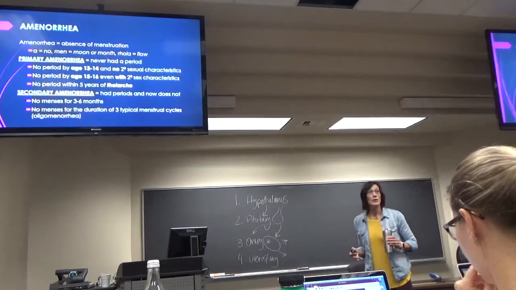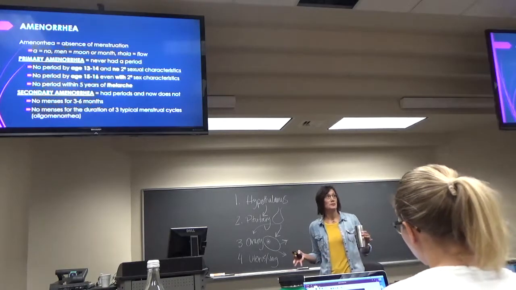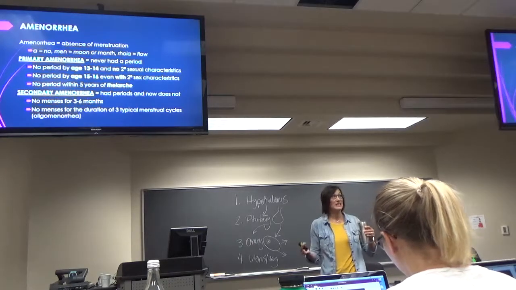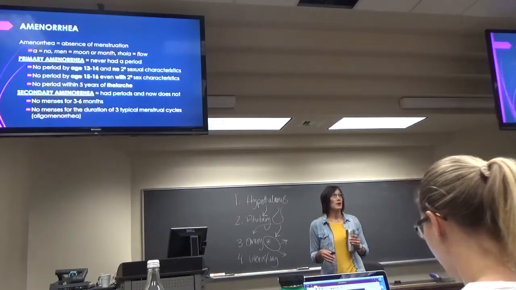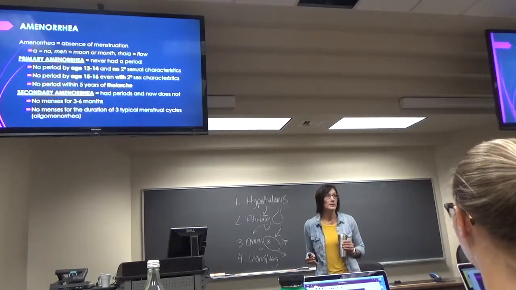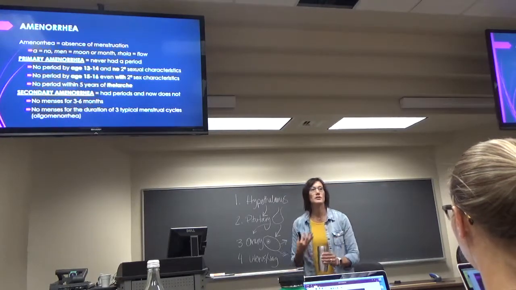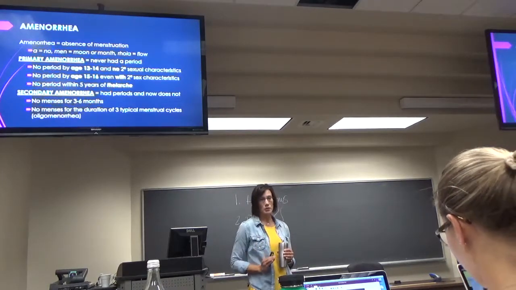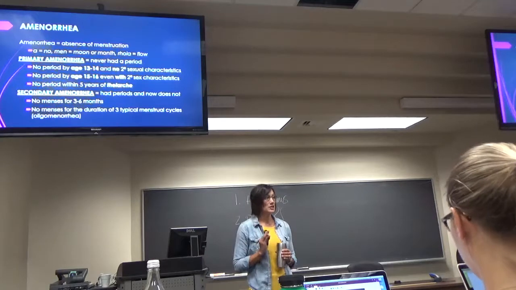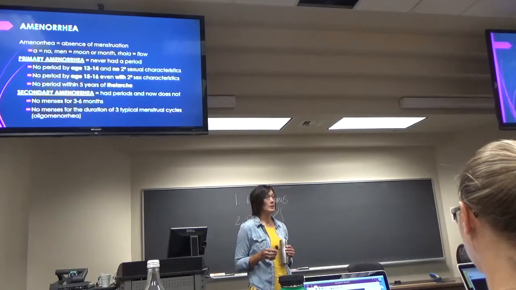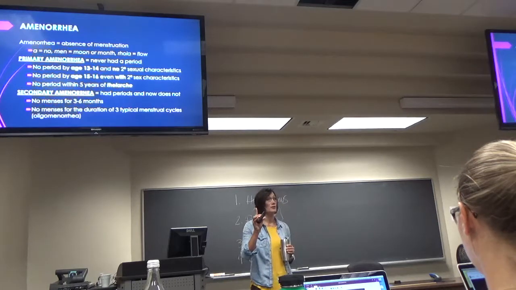If they've developed other normal secondary sex characteristics, but they're not having periods within 13 to 16, well, if they have secondary sex characteristics, you give them a little bit longer, okay? You give the ovaries and the hormones a little bit longer to get things rolling. But if they have no sexual development by the age of 13 to 14, you need to work it up, okay? What would you guess is going on?